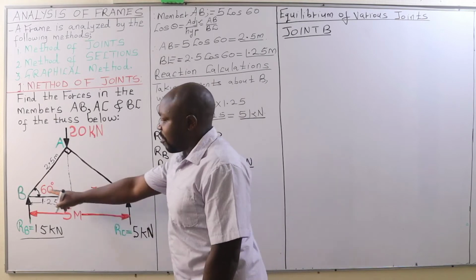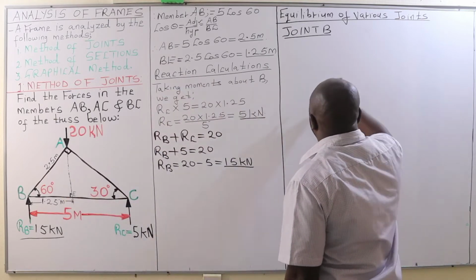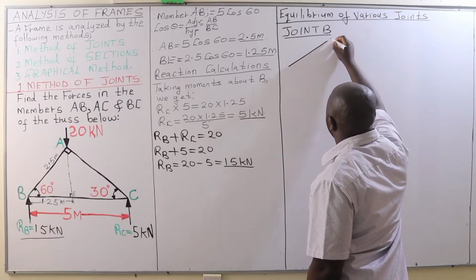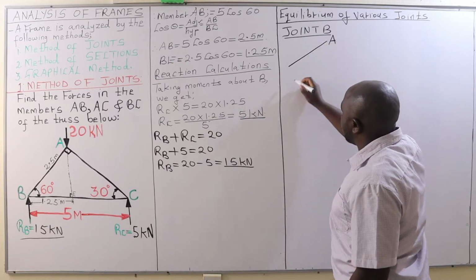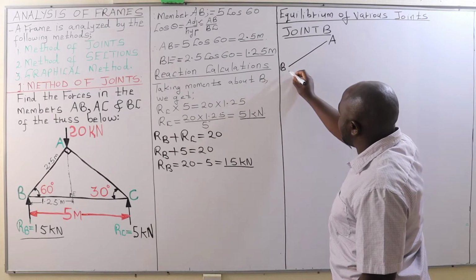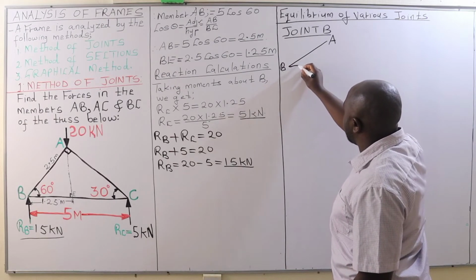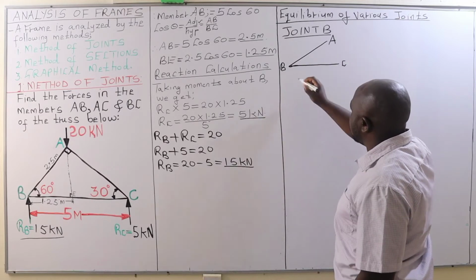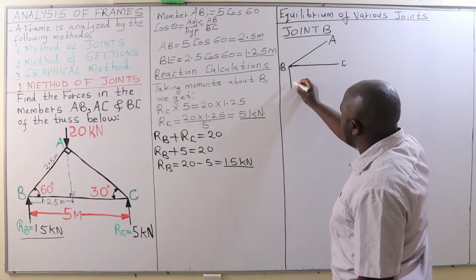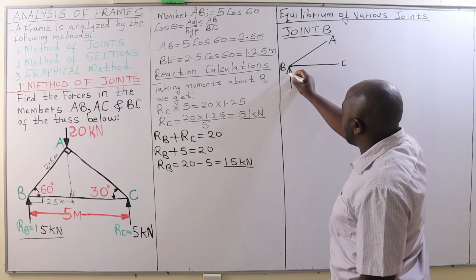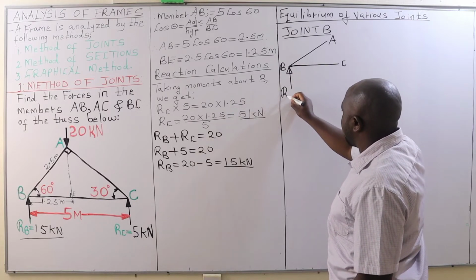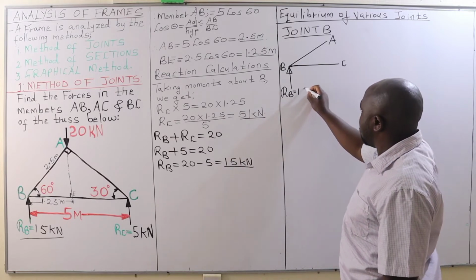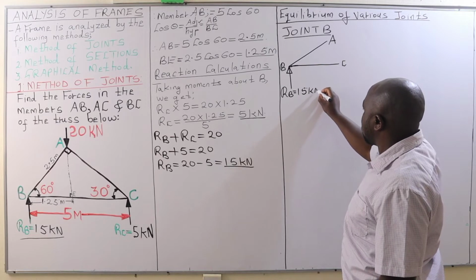Now, when you consider joint B, we have member BA, that is A, whereas that is B, and then we have C on the other end, and at B we have a support, and the reaction on that support is 15 kilonewtons.